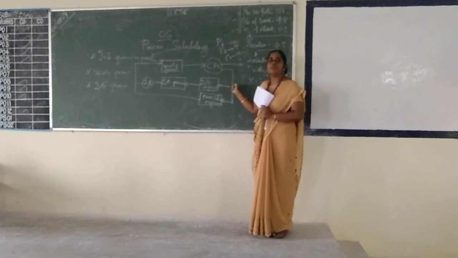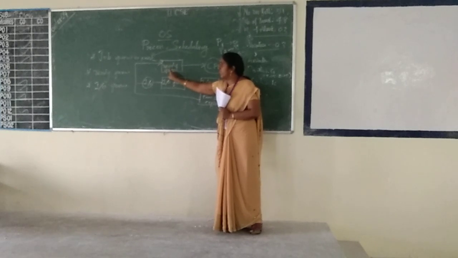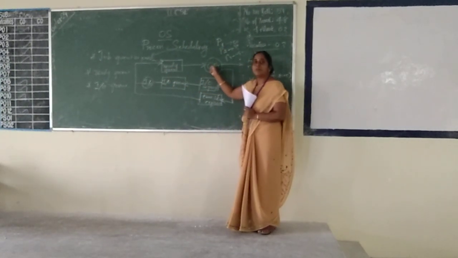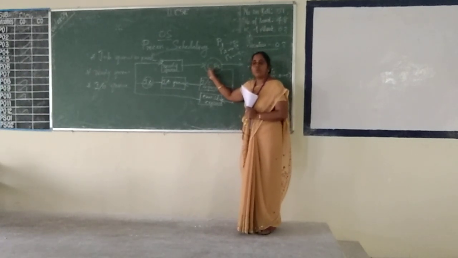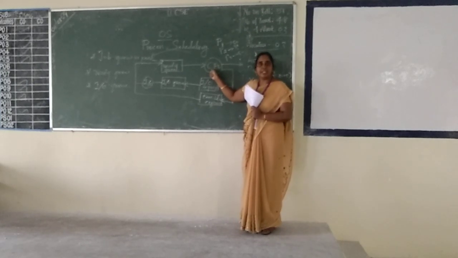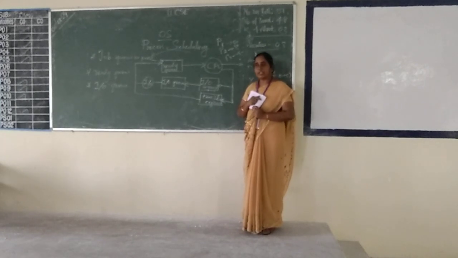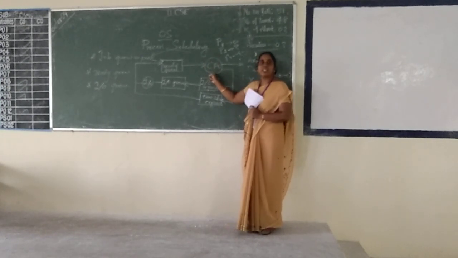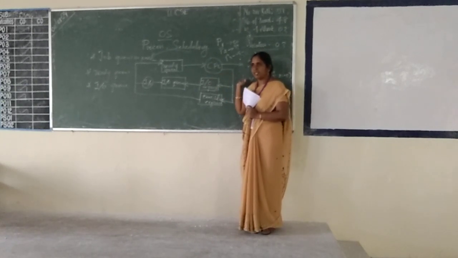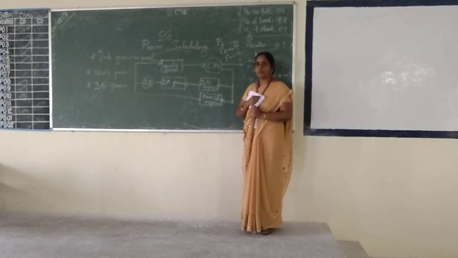P1 is removed from the CPU and stored in the ready queue, and P2 is getting the CPU now. P2 executes for another 50 milliseconds and is also stored in the ready queue, then P3 occupies the CPU. P3 also executes another 50 milliseconds, and after that P3 moves to the ready queue.